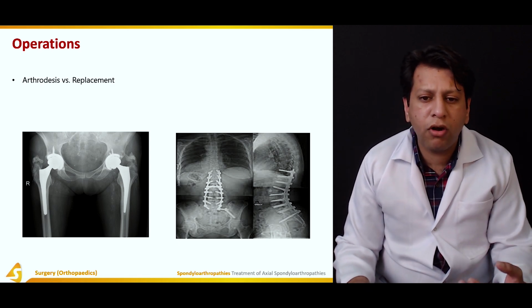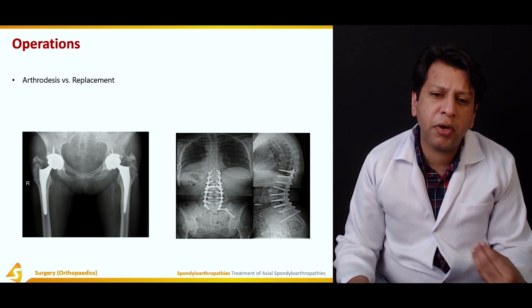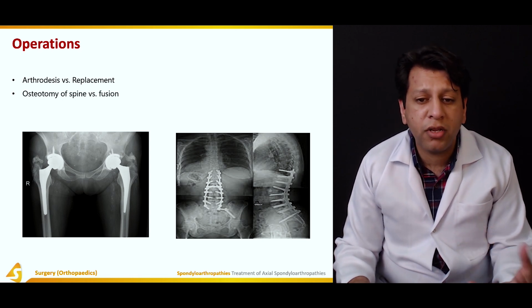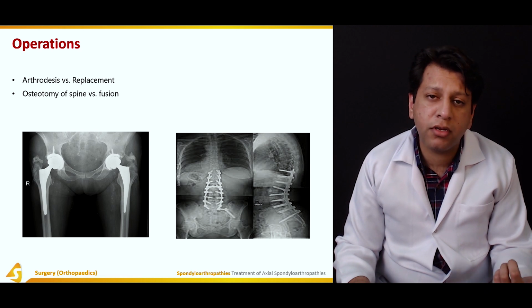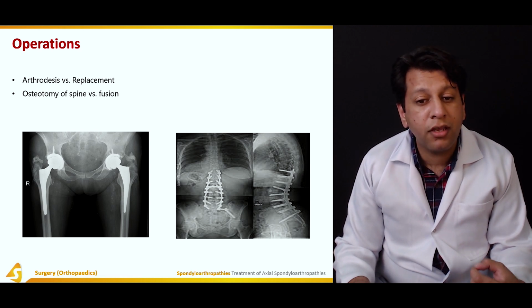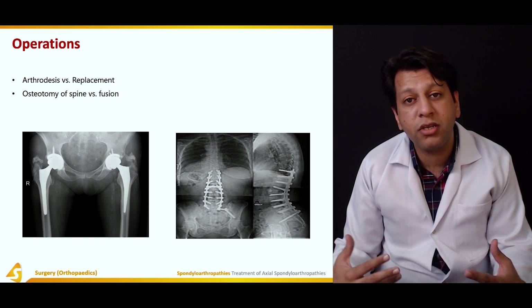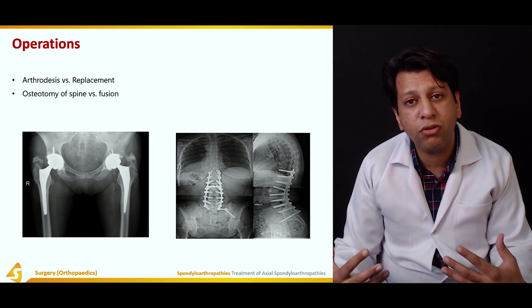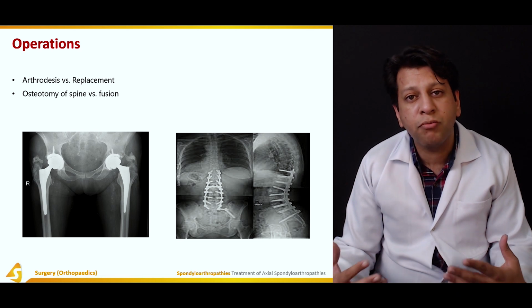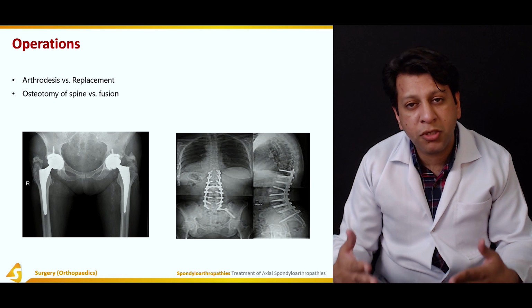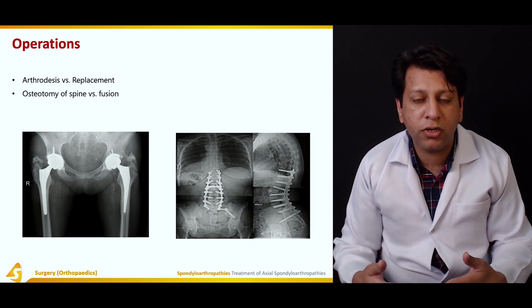Now there are also multiple options. For example, in the joints, we have the option of arthrodesis or replacement, but replacement is always better because it restores movement. In the spine, we also have the option of osteotomy versus fusion. Sometimes fusion is better because, although it compromises movement, it provides stability, because the spinal cord is passing through the vertebral column.